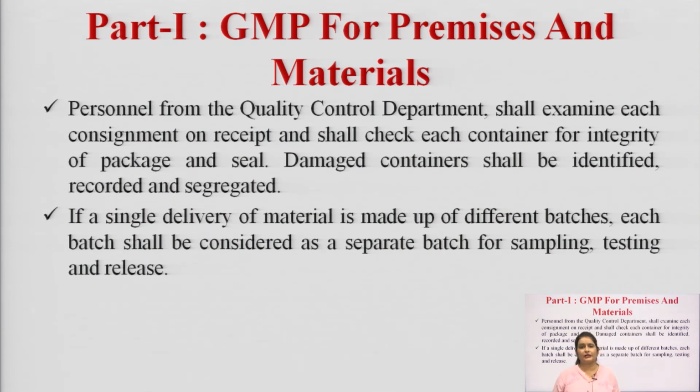Personnel from the quality control department shall examine each consignment on receipt and check each container for integrity of package and seal. If a single delivery of material is made up of different batches, each batch shall be considered separate for sampling, testing and release.